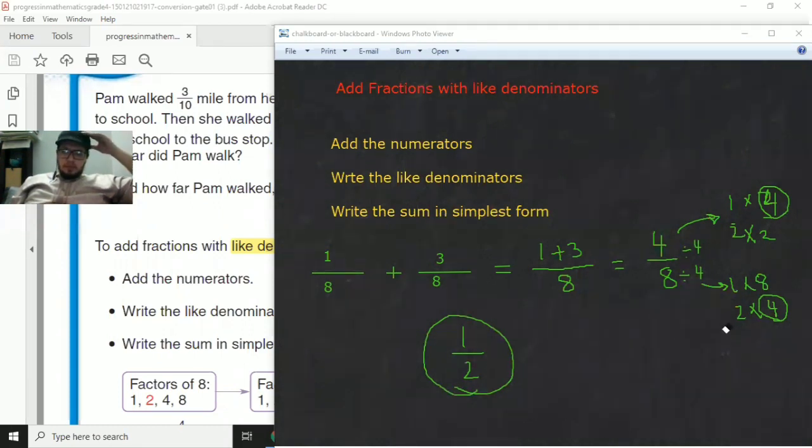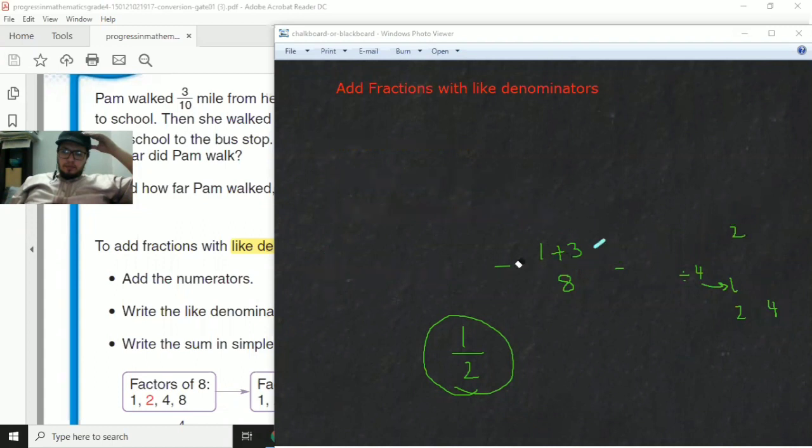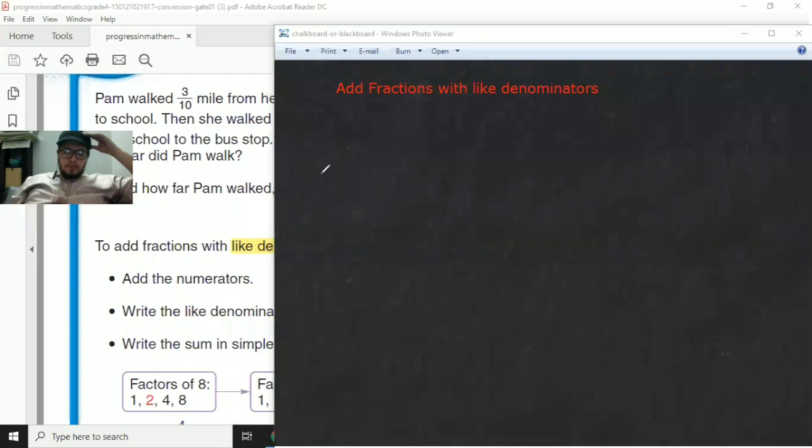Another example, 2 over 7 plus 4 over 7 equals.